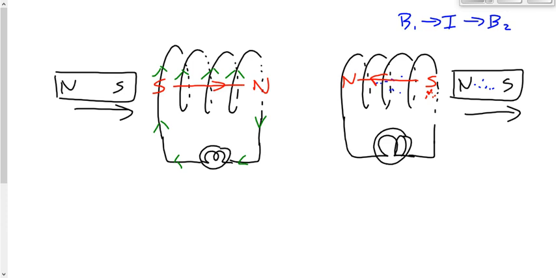If we use the coil rule, that means thumb in the direction of the magnetic field inside the coil, fingers are going to point down in the front. It's going to look like this, with the electric current going up in the back and down in the front.